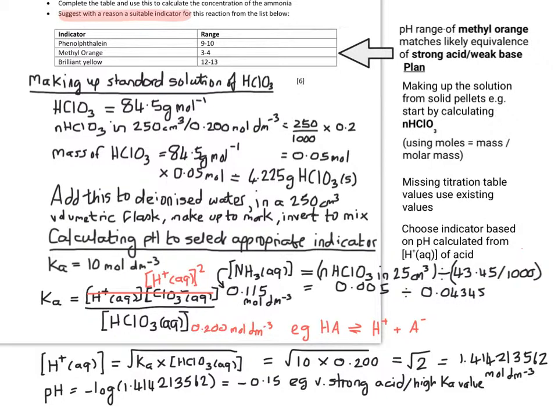This titration, it would appear, is a strong acid weak base titration. So the likely equivalence point of a strong acid weak base is going to be quite low in the pH range, because it's going to be dominated by the action of the strong acid, as opposed to the relatively weak action of the weak base in terms of dissociation. So therefore your indicator that you want is methyl orange.